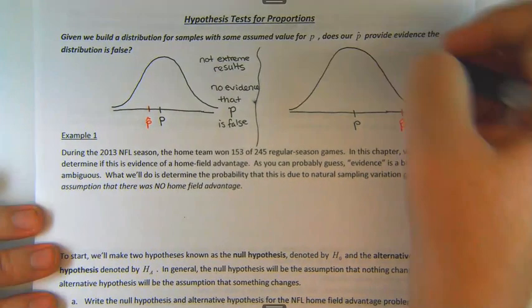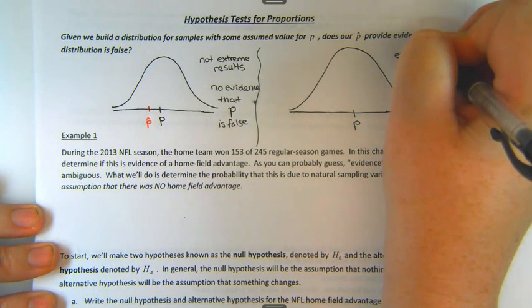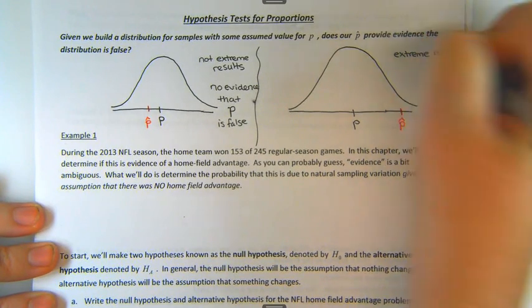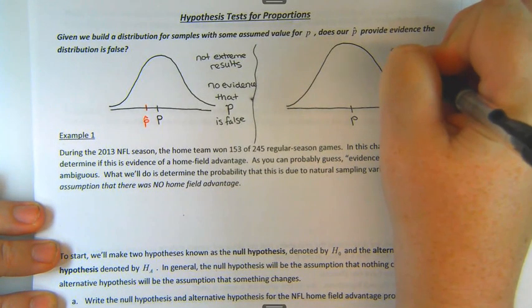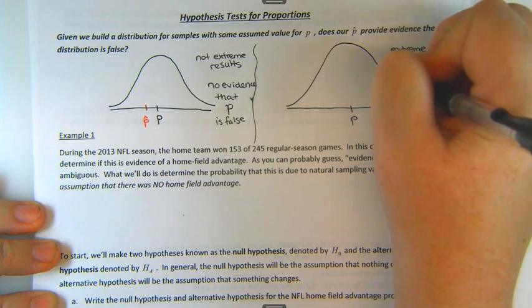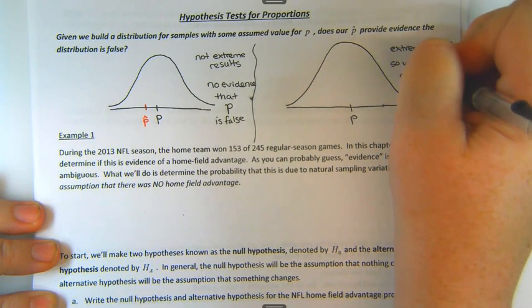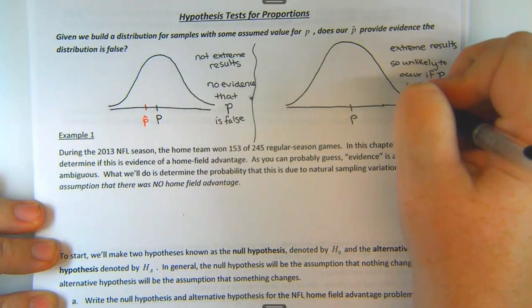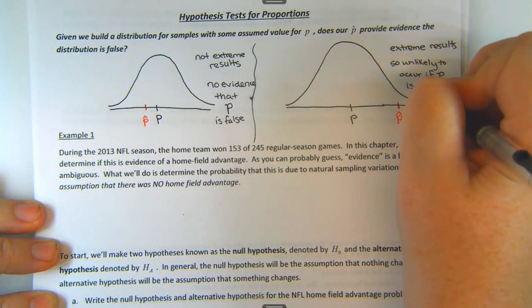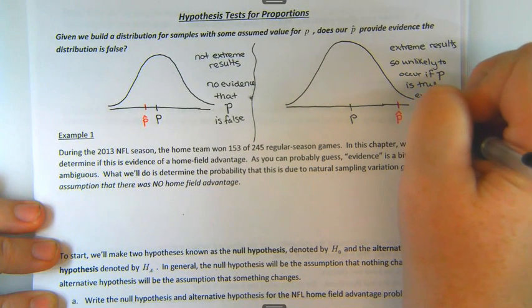But these show extreme results because we got this extreme sample that was so unlikely to occur, which, since it's so unlikely to occur, if P is true, if that is our population proportion, that means this gives evidence that that population proportion is false.